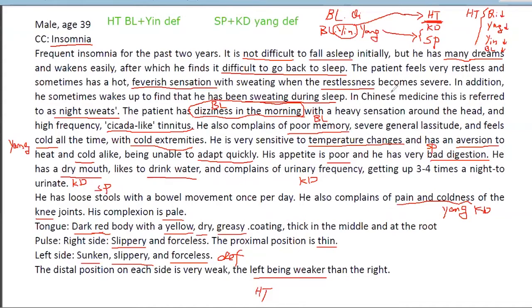Just because they have insomnia, that's the key symptom of the heart, so we put the yin deficiency to the heart. It doesn't mean no kidney yin deficiency, but we just put the key symptoms to the main organ there. For the kidney part, we also have more severe problems there, yang deficiency, which is separated.